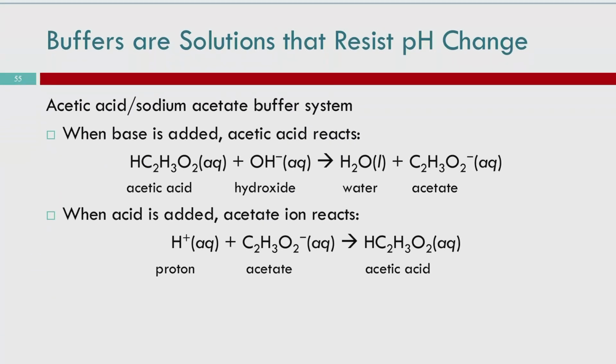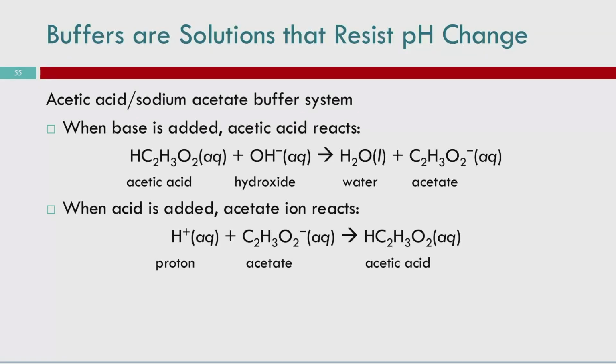Let's look at one possible buffer system. One possible buffer system would be acetic acid. Acetic acid is a weak acid. Sodium acetate is this, NaC2H3O2, affectionately referred to by me as nacho. So this is an acetic acid nacho buffer system.